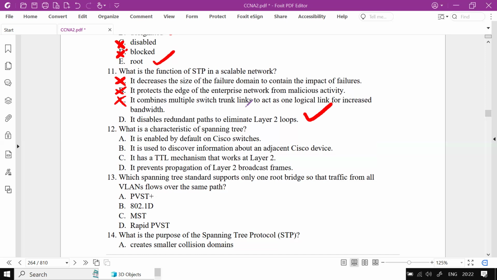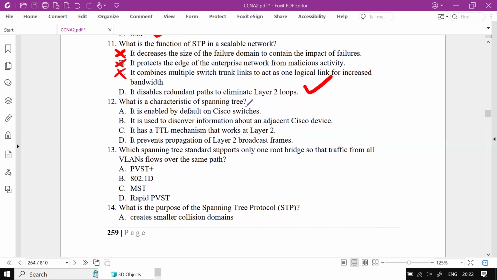Question 12. Characteristic of spanning tree enabled by default. I know, yes, it is enabled by default. It is used to discover information. It is not used to discover anything.